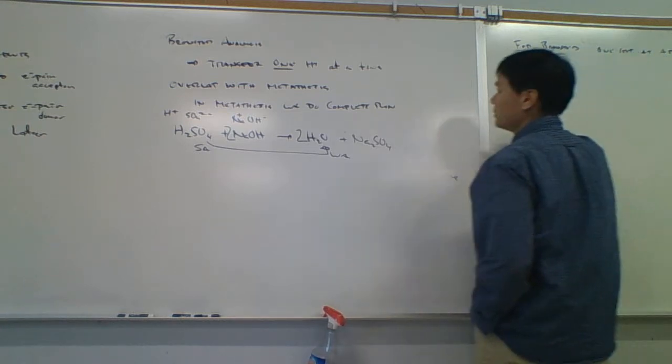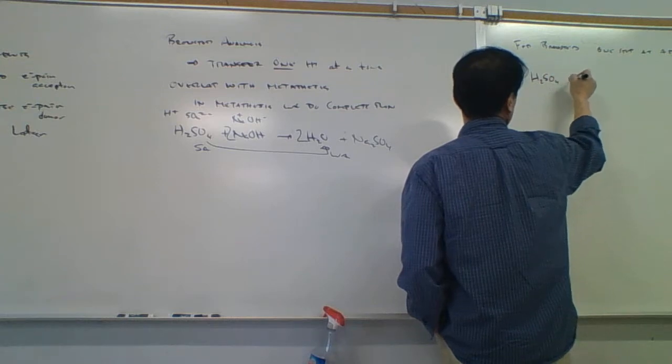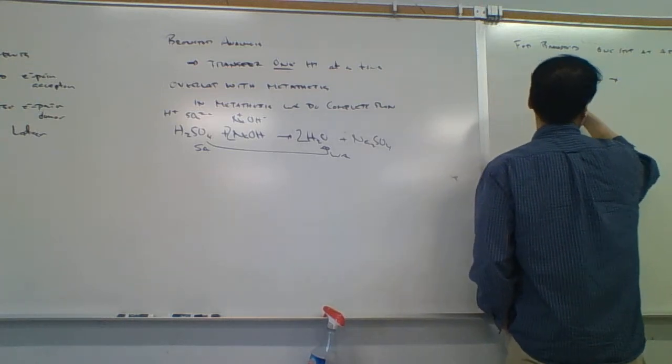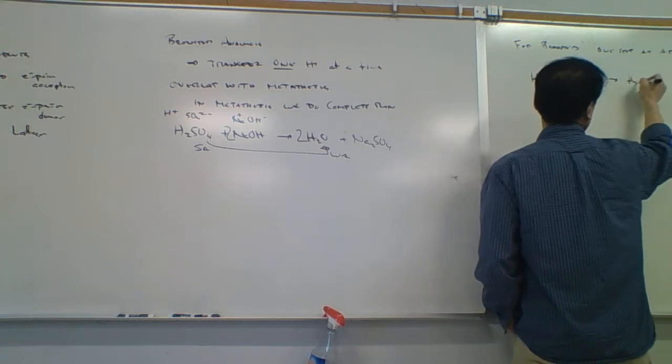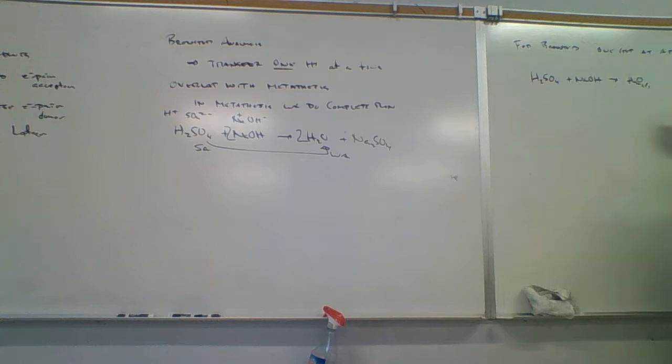So if we're using the Bronsted method, we would do H2SO4 plus sodium hydroxide first, and then what we'd form is H and OH would be water, and sodium. In this case, we are only losing one hydrogen, and so we're going to form sodium bisulfate, or hydrogen sulfate.